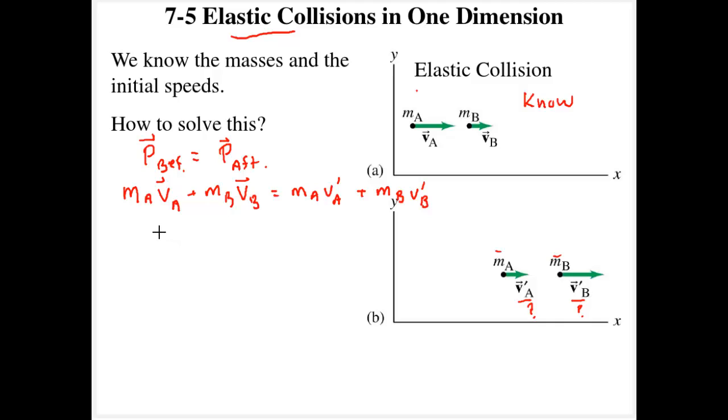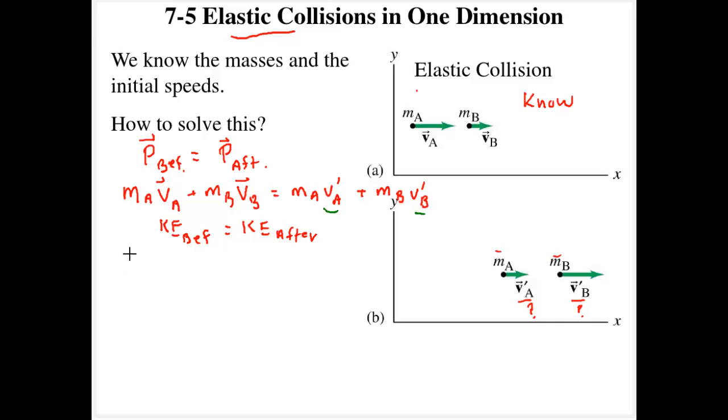Now, I don't know the final velocities, so I have one equation and two unknowns, but I do know that the kinetic energy is going to be conserved. So the kinetic energy before has got to be equal to the kinetic energy after.